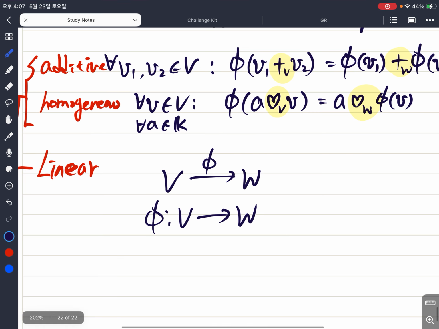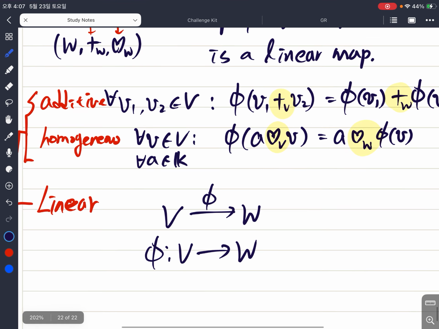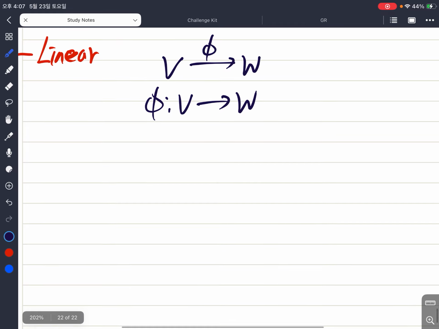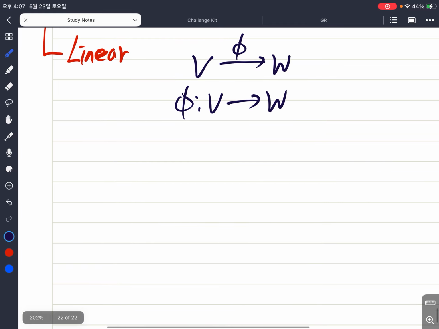One thing, you can always check these two to check linearity, but for checking you can use a simpler theorem.